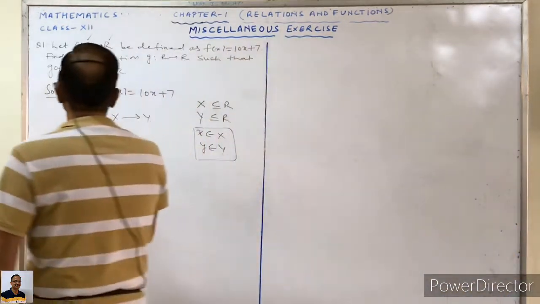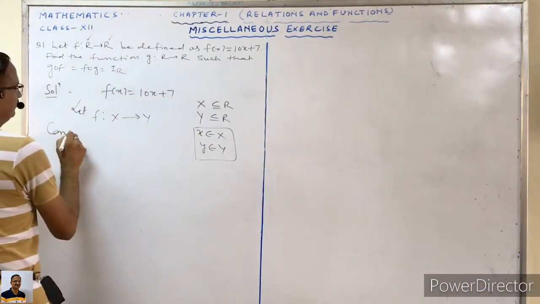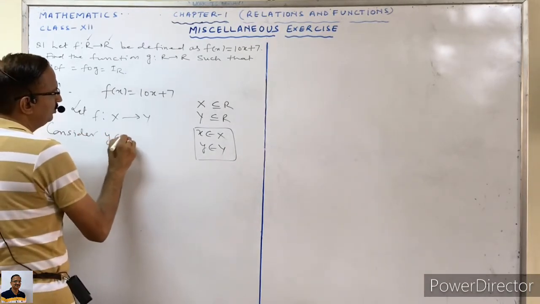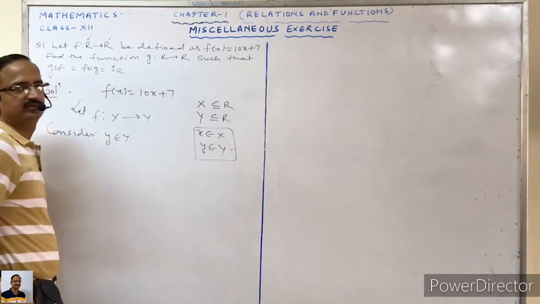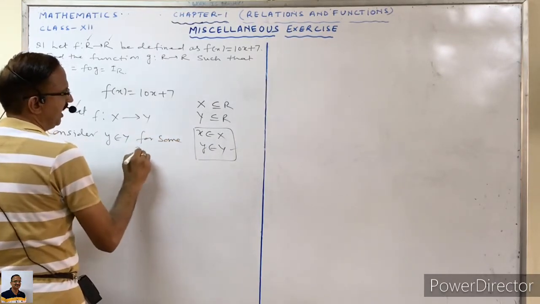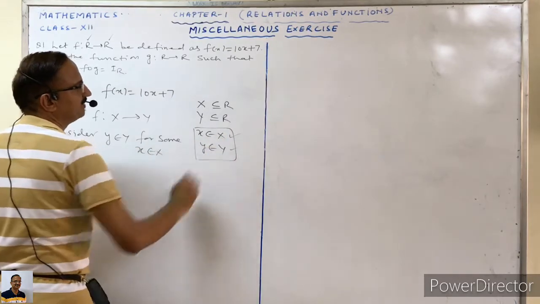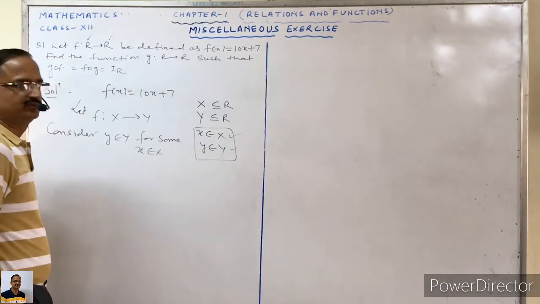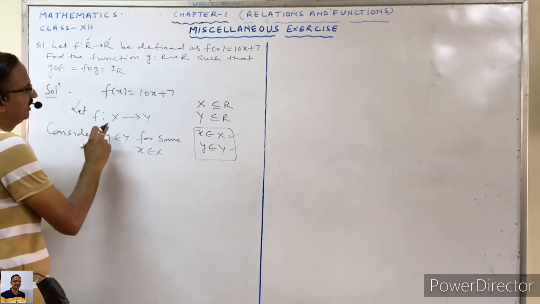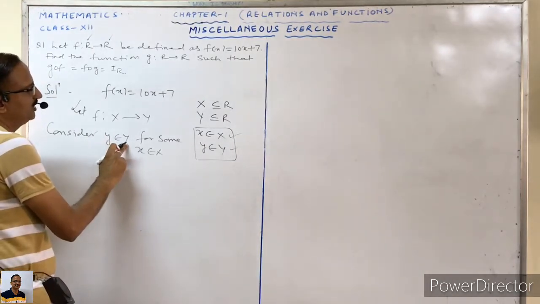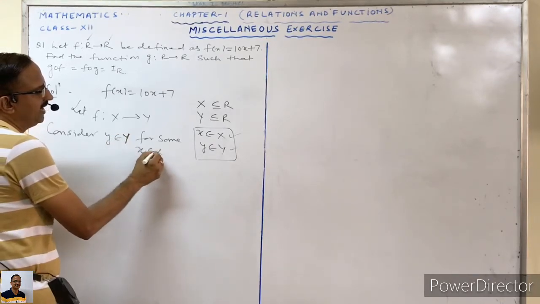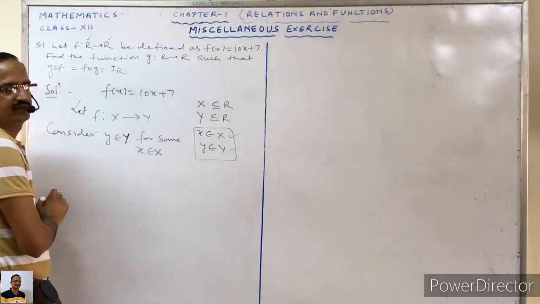So we will write, consider y belongs to y for some x belongs to x. Y belongs to the set y and x belongs to the set x.